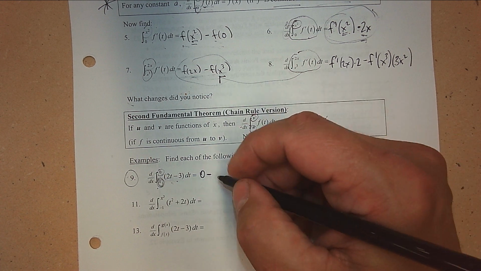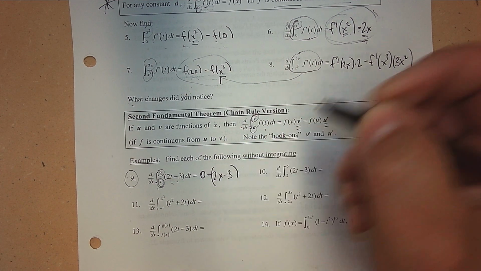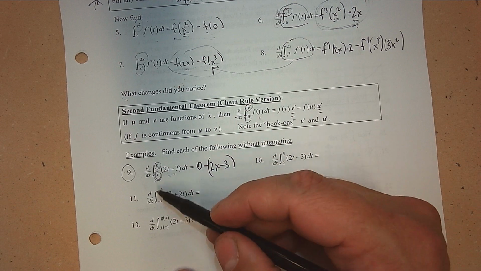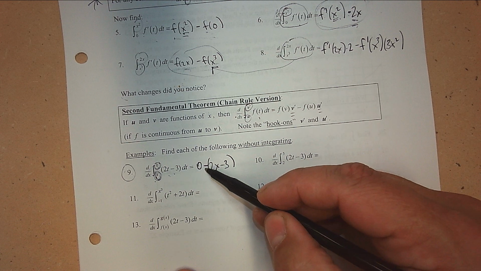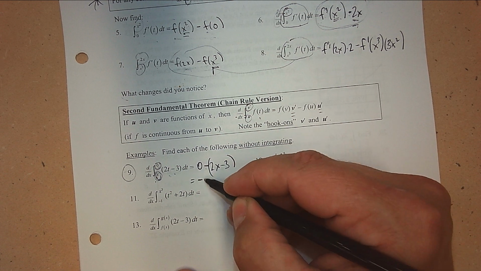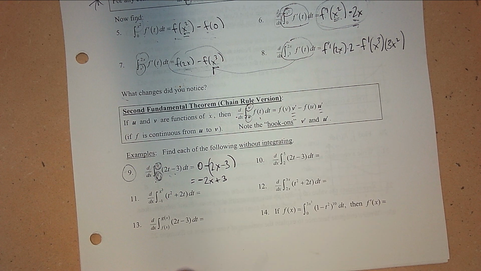It's x. And notice the order. Notice the variables at the bottom and the constants at top. That then makes the answer negative. And that negative belongs to both. So it's negative 2x plus 3.